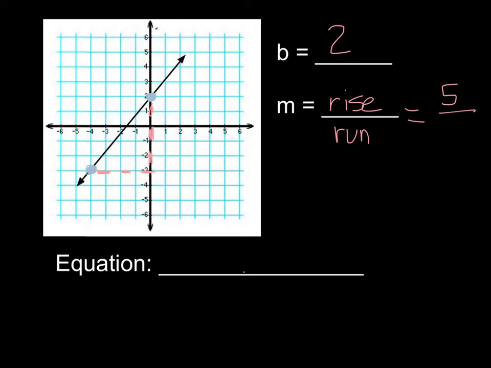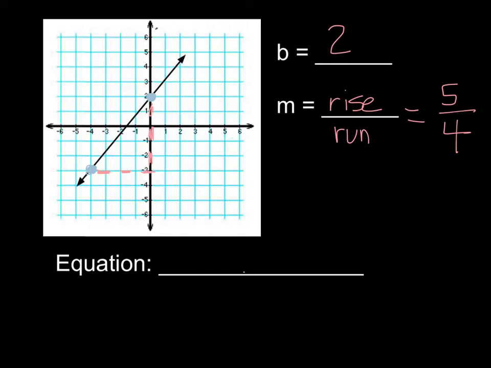My run is 4. And I know that it's going to be a positive 5/4 because if I put my skier on this slope, he's going to have to move uphill. And that's a positive slope when you have to go uphill. So my slope is 5/4. My y-intercept is 2.